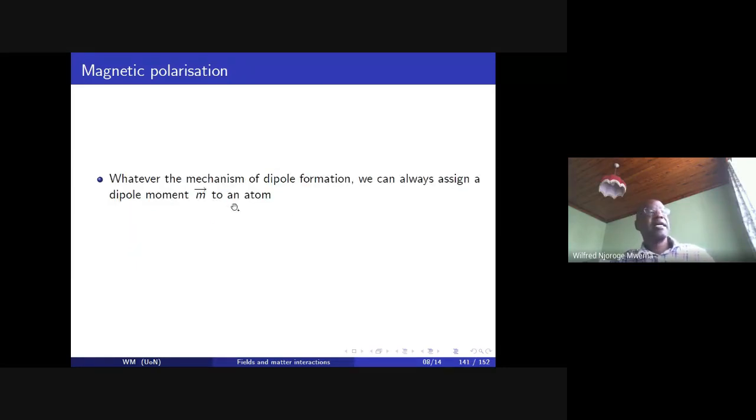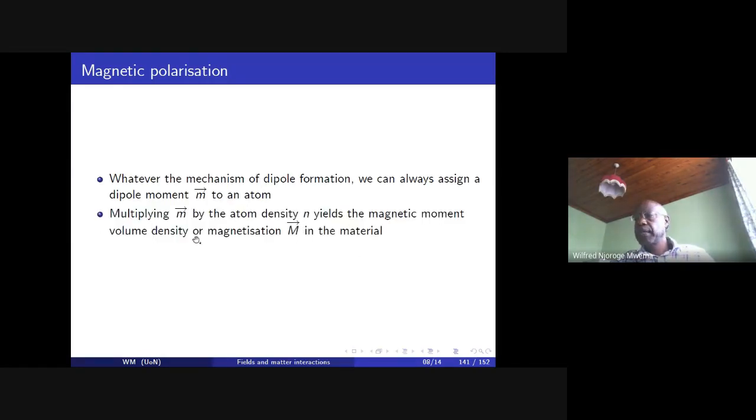So whatever the mechanism of the dipole formation, whether permanent or induced, we can always assign a dipole moment m to any given atom. If we multiply m by the atom density N, that will give us a magnetic moment volume density, which we shall just describe as magnetization and give it the symbol capital M in that material.